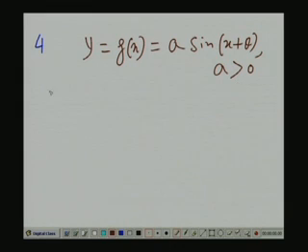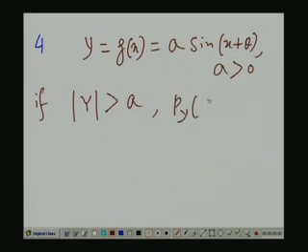That means, if capital Y, the mod value of this is greater than a, in that case obviously P y is 0.